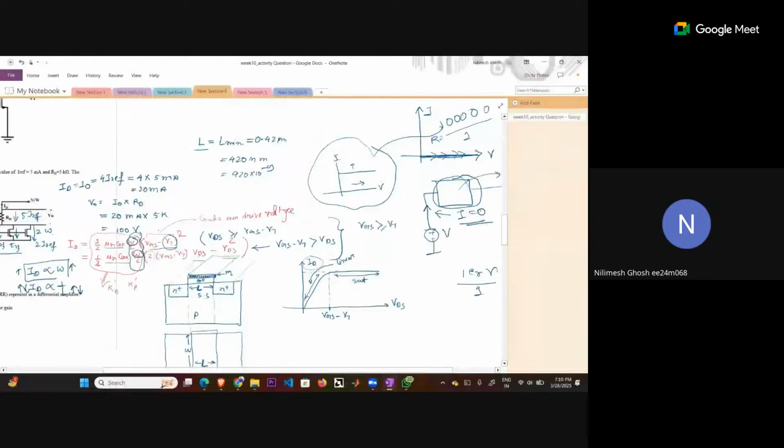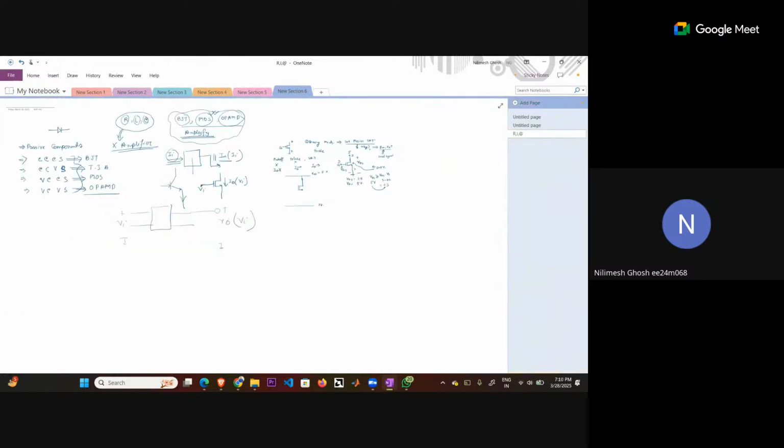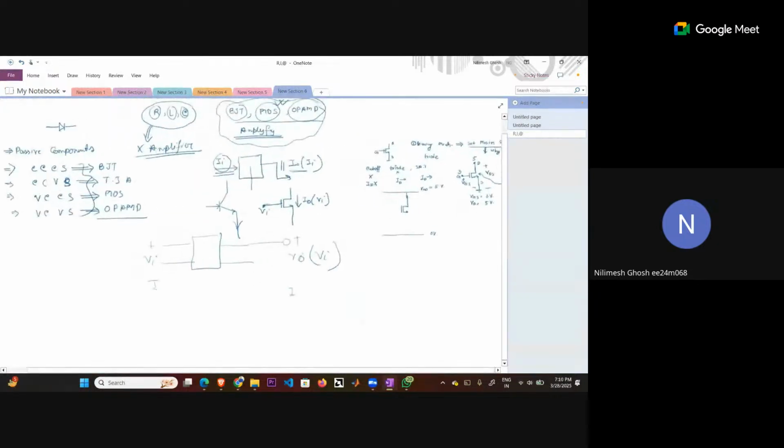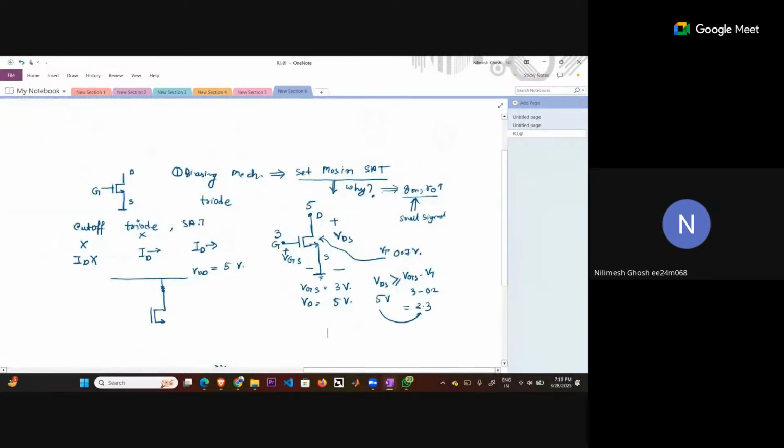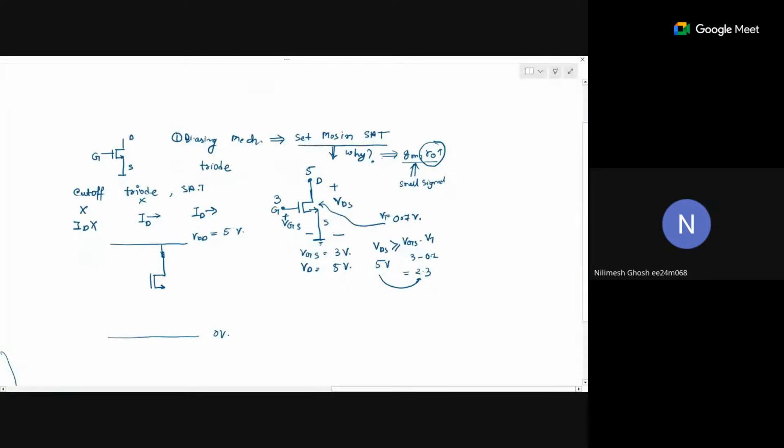That means the resistance provided by the MOSFET in the saturation region will be very high. That's why I told you that for amplification, GM and R0 should be very high. That's why the R0 is very high in the saturation region, not in the linear region.